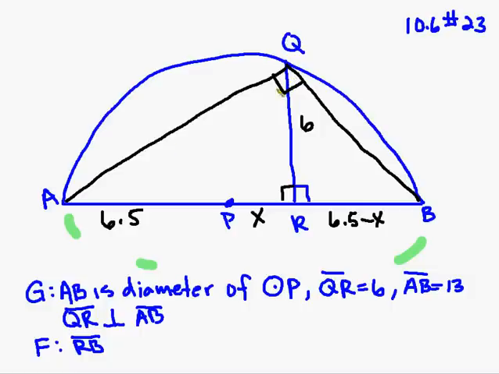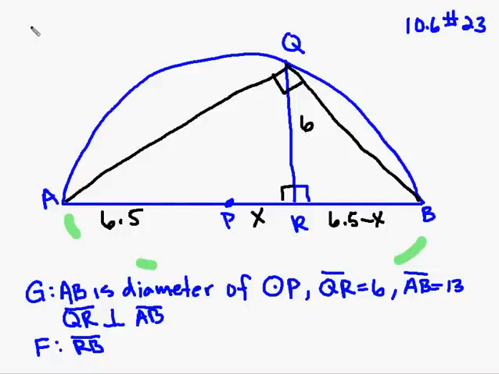So here I have three angles, at AQB, ARQ and QRB, that are 90 degrees. And I can use the theorems that we've learned with altitude on hypotenuse to solve this problem. So I know that the altitude squared is equal to AR times RB.